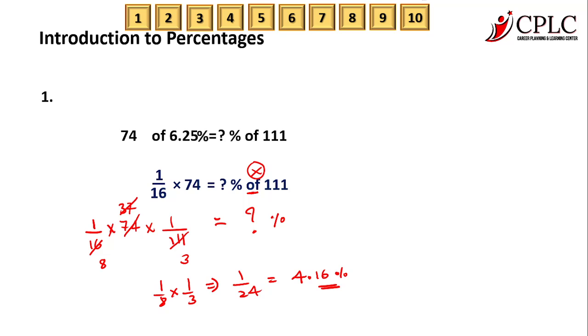So x percent of y is equal to y percent of x, and then we did the solving part, and then the fractions and the percentage wala idea, which is this.